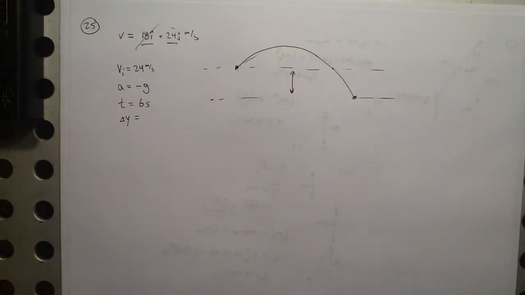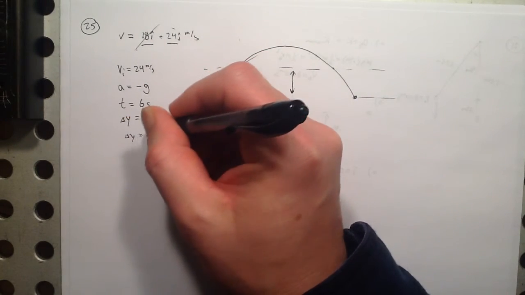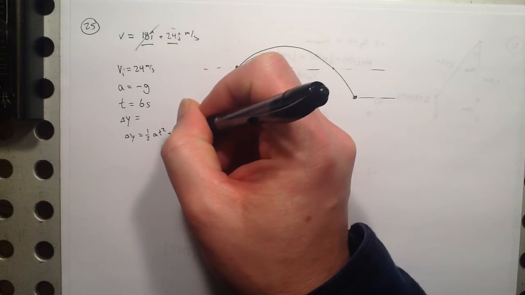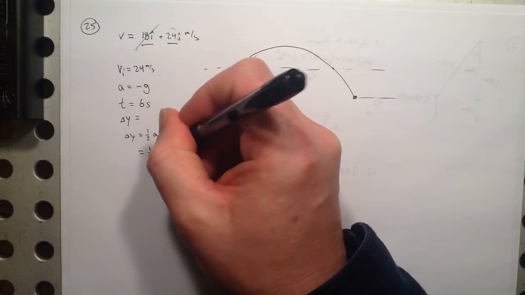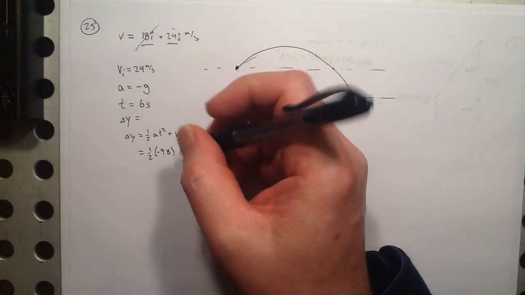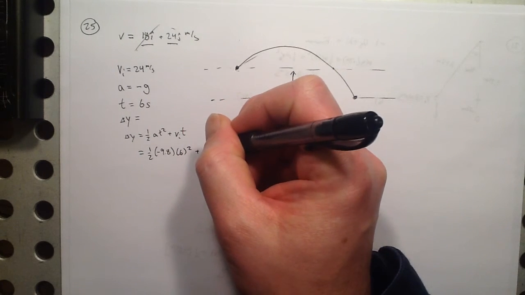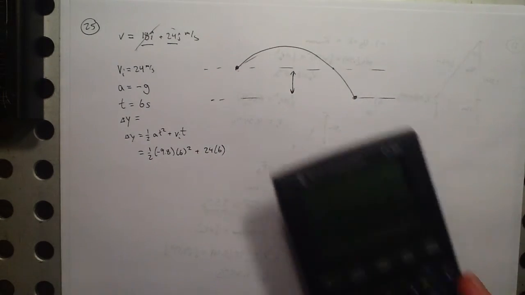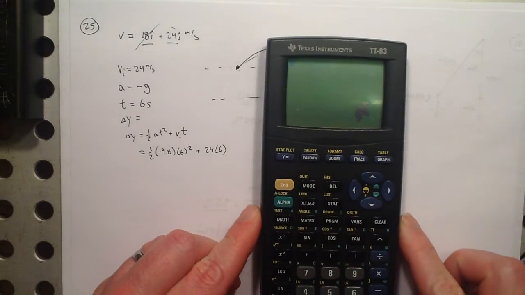So I'm going to use the equation delta y is equal to 1/2 at squared plus vi t. So 1/2 is negative 9.8, because I chose up to be the positive direction, times t squared plus vi t. That will tell me the delta y, which is exactly what we need to know.